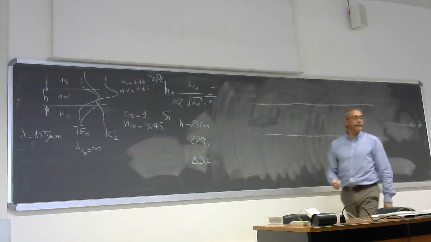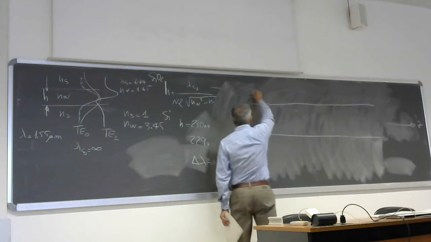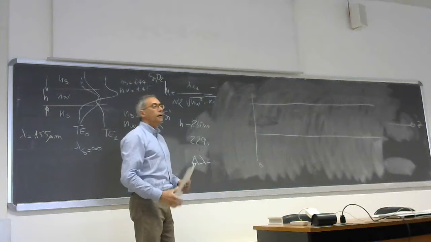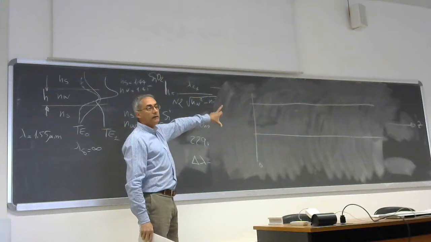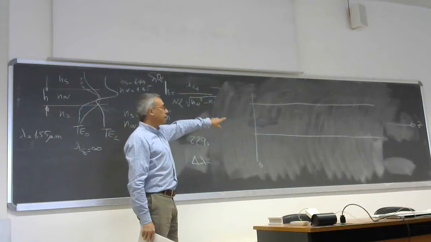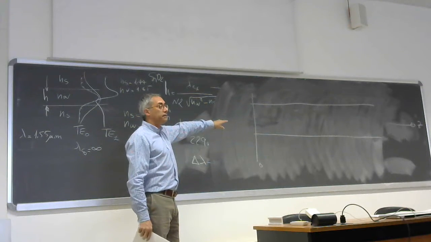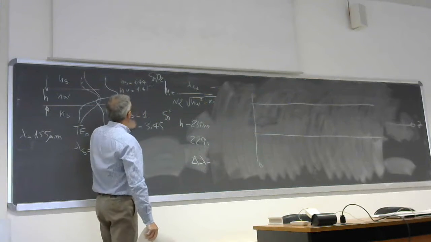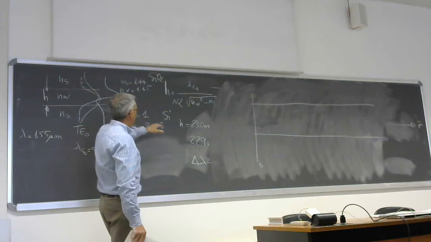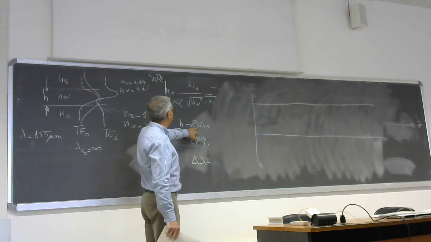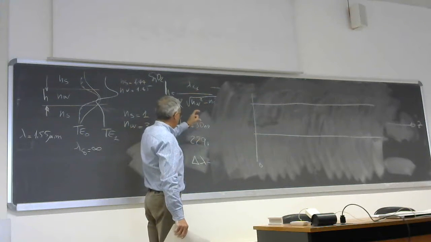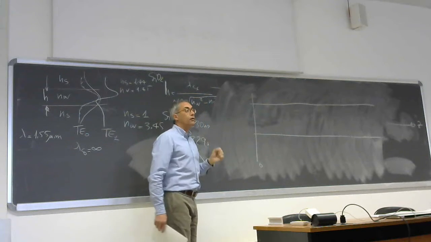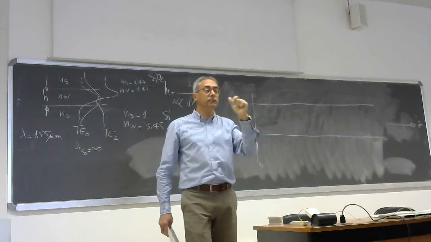Assume we have a waveguide. This is the 0. We start from here. The waveguide is very thick, as you can see, and 2 modes can be guided. In the previous example, think of this waveguide with a greater height with respect to the number we calculated before. So 2 modes can be propagated.